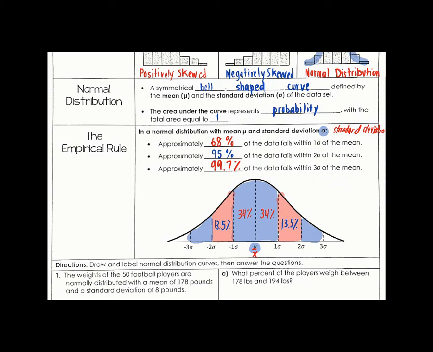We've already used 95%. So what's 99.7 minus 95? That's 4.7. So 4.7% lies in those two little blue areas. What is 4.7 divided by 2? 2.35% live here and here. 2.35 in both.